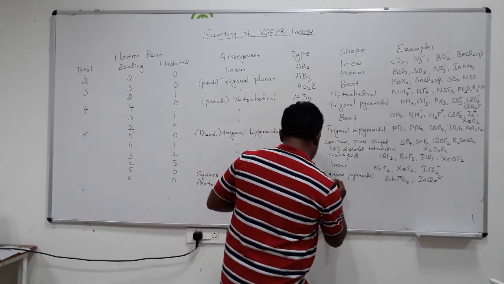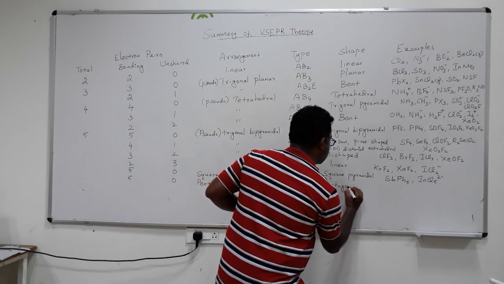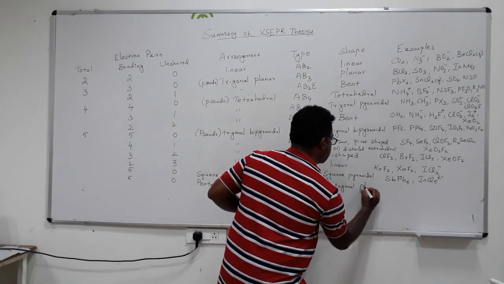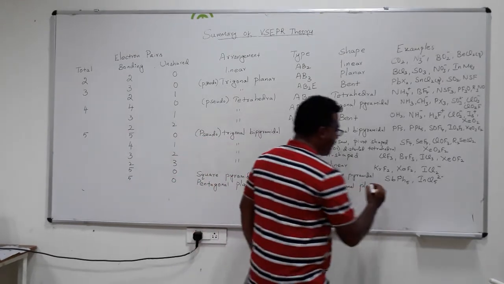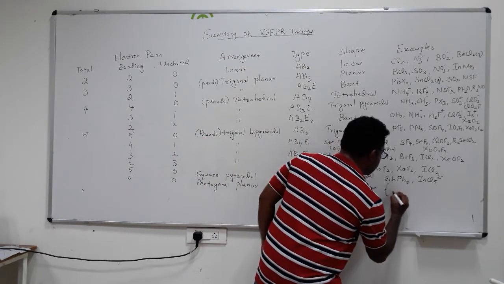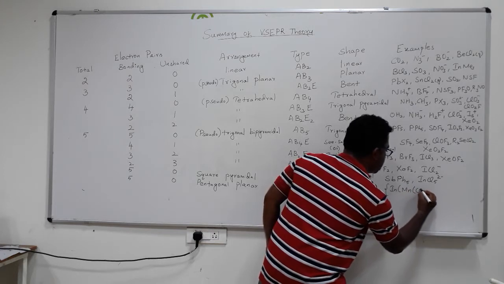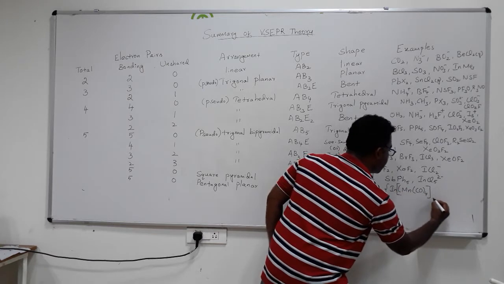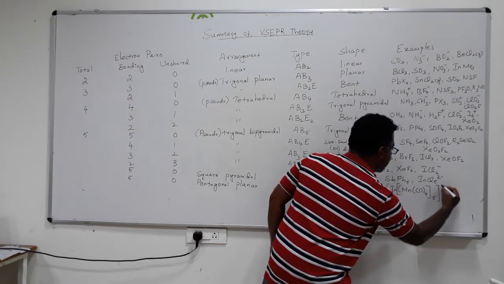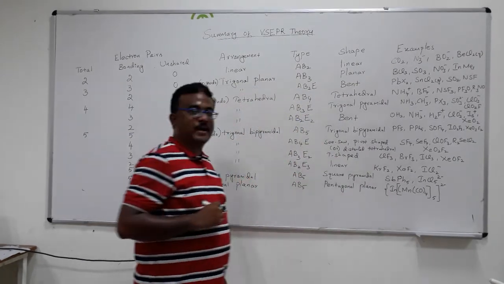The shape will again be pentagonal planar. It has only one example known till now, which is indium MnCO4 5 overall 2 minus. So that one is pentagonal planar.